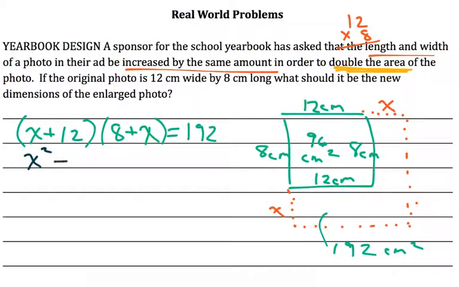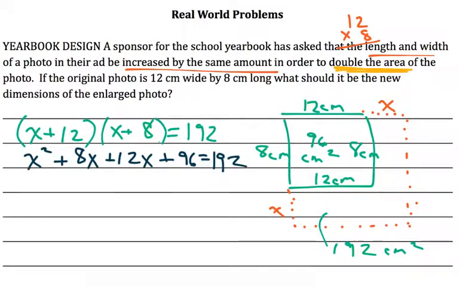First, outer, I've erased and changed that order just to help me out. First, outer, inner, and then last is equal to 192.